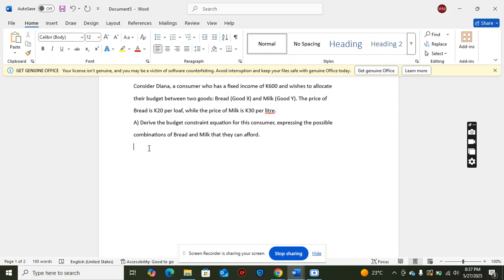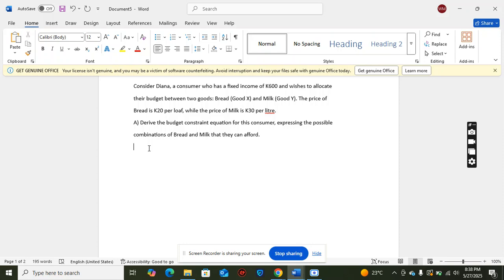Number three is your preference, if you like the good or not. There can be other reasons, but those are the three major ones. So here we have to form a budget constraint equation. This equation just shows us, with this 600 kwacha, how much bread and milk Diana can buy.